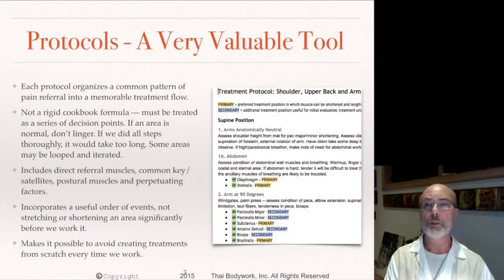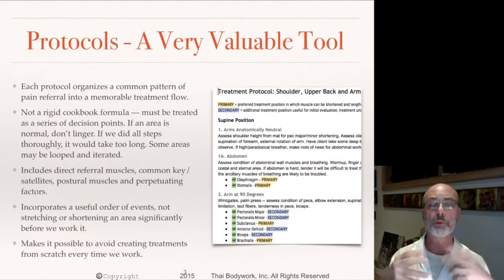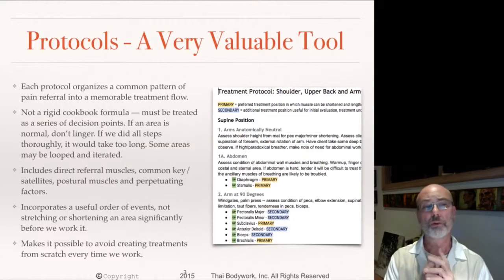Protocols are a really valuable tool, and they're not a cookbook formula. They are a plan for going through the body, but you have to make decisions at each point. The nice thing about the protocol, though, is it organizes all of the principles of trigger point therapy that we've come to rely on over the years. So, for example, satellite referral.